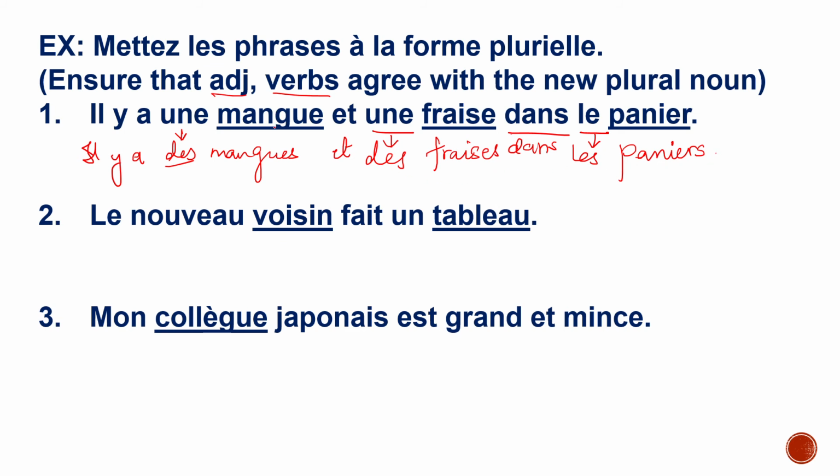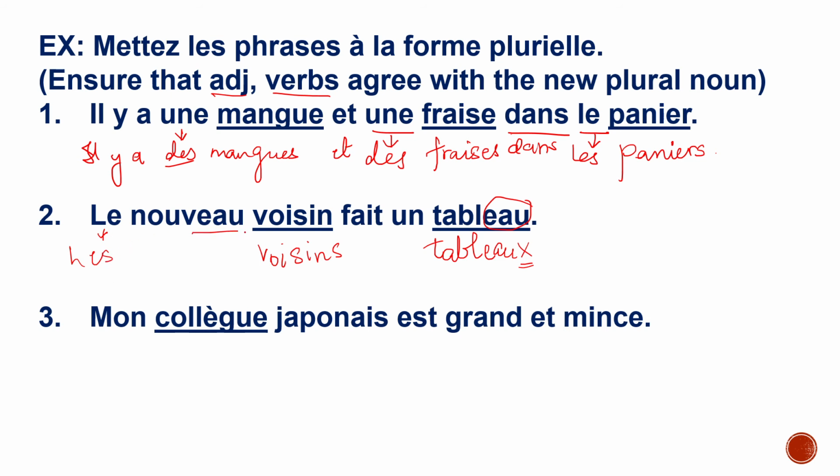Okay, next. Voisin. Simple, you just have to put an S. Tableau. Now, tableau is a painting. You remember the ending, plural takes an X and not an S. Now change the rest of the sentence. Voisin became plural, so the article will also become plural. Le will become les.